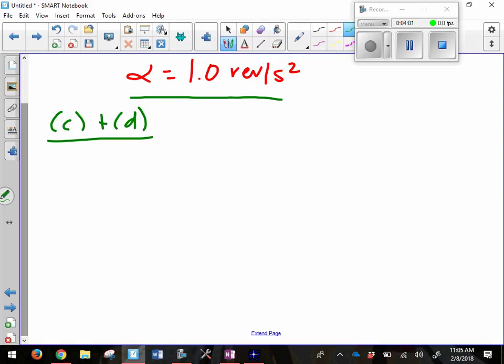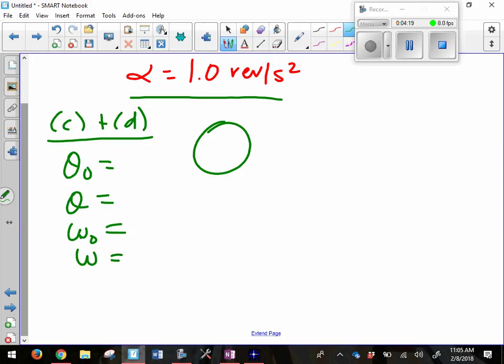We talked about how drawing a picture is not exactly the most useful thing in the world, because basically you just have things that move around in circles. But we do still have a list of quantities that we can use to help us solve the problem.